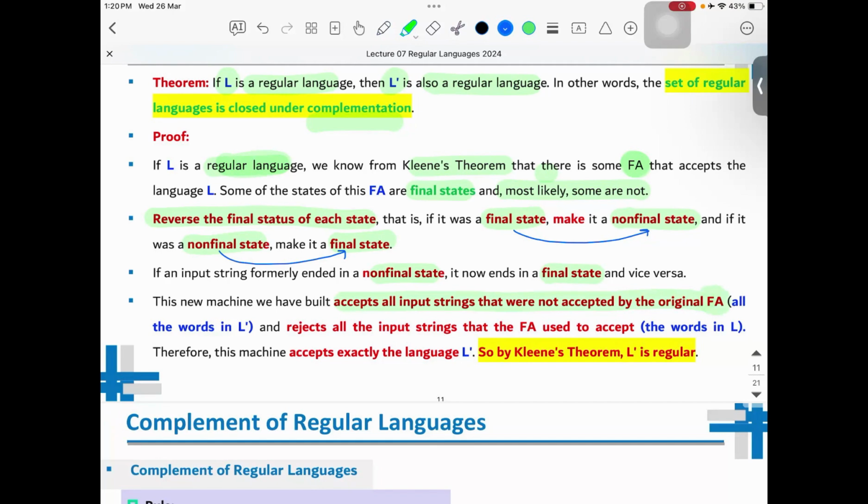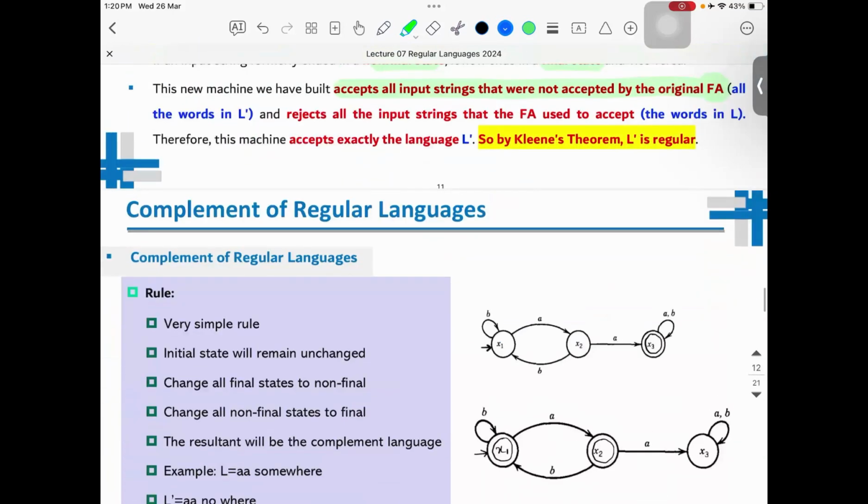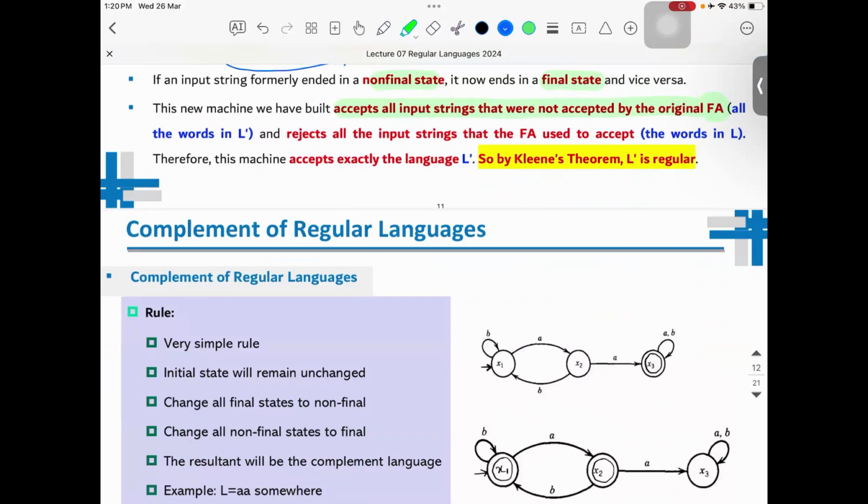Whatever is accepted by L is not accepted by L prime, and it rejects all the input strings that the finite automata previously used to accept. So we can say that this machine accepts exactly the language L prime. So by the Kleene theorem, L prime is also regular.